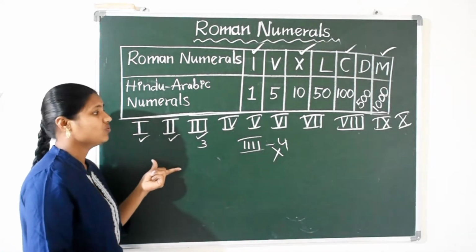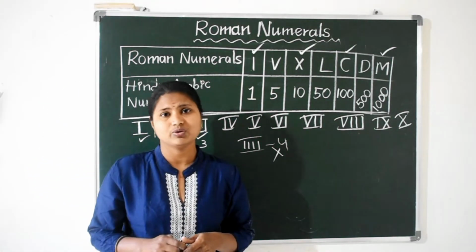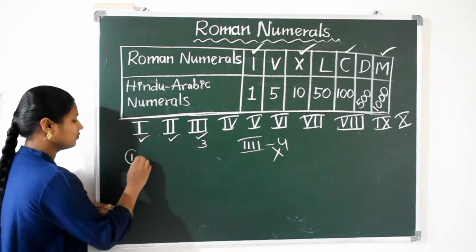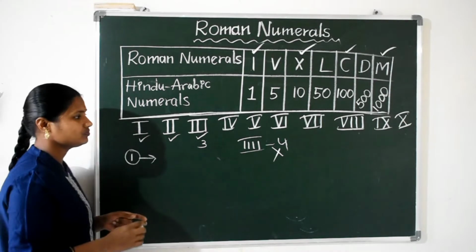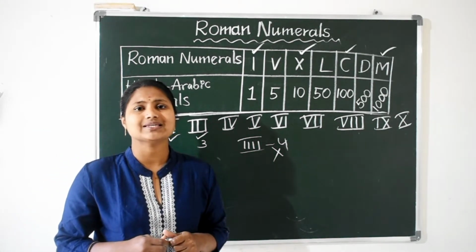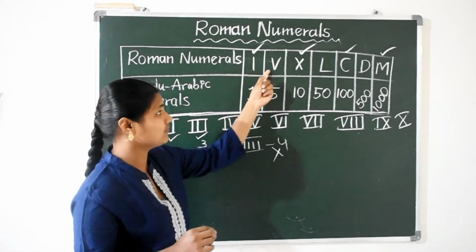So we have 4 properties to write and to read Roman numerals. Okay, I will explain now. Here, the first property is that a letter can be repeated a maximum of 3 times. We have 7 letters, no?